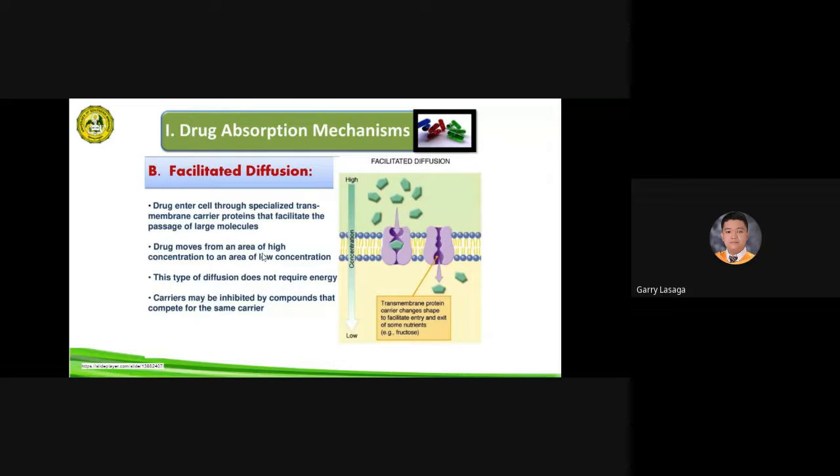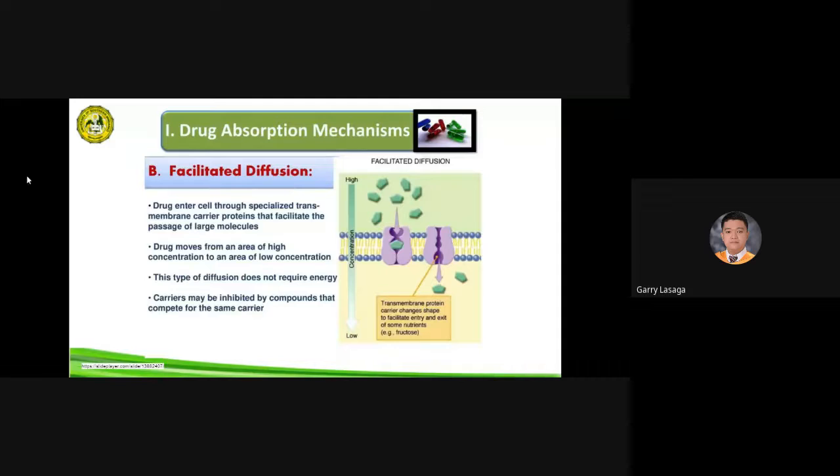This is also true for the simple diffusion. The main driving force for the movement of molecules is from an area of higher to lower concentration. This type of diffusion does not require energy, and the carriers may be inhibited by compounds that compete for the same carrier. On the right, we have a figure showing the mechanism of facilitated diffusion.